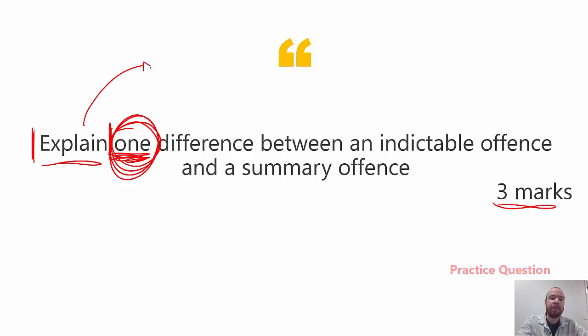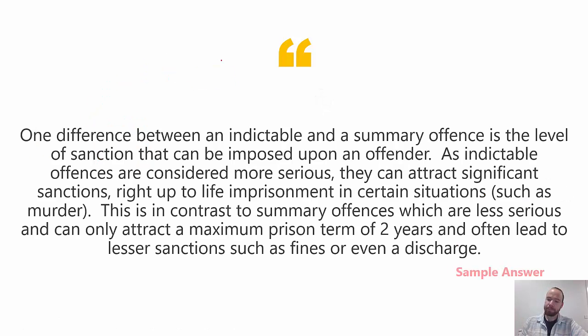If we want to explain something, all that means is we have to show an assessor that we understand the topic. So we need to show whoever is reading this answer that we really understand a key difference between these two concepts, an indictable offence and a summary offence. So show understanding. So how do we do that?